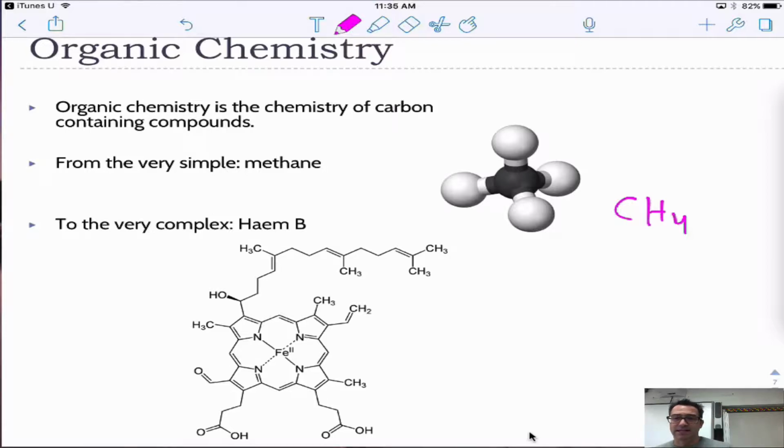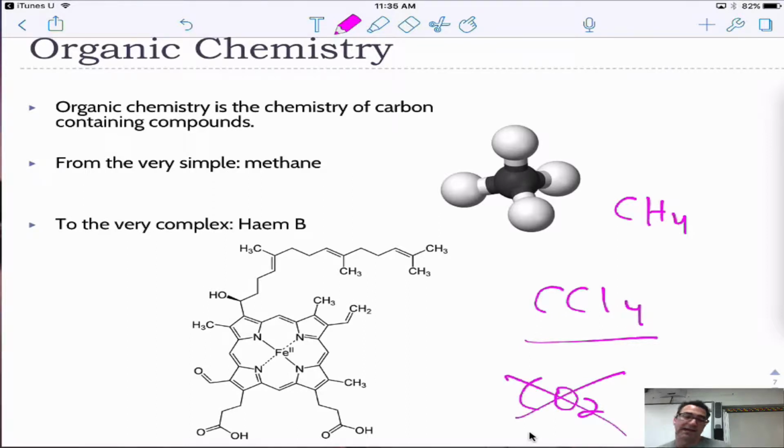There are examples where that's not true, something like CCl4. So here's a compound that's organic, carbon tetrachloride, or CTET. That is an organic compound. But then you have something like CO2, and CO2 actually is inorganic. That one is not an organic compound.